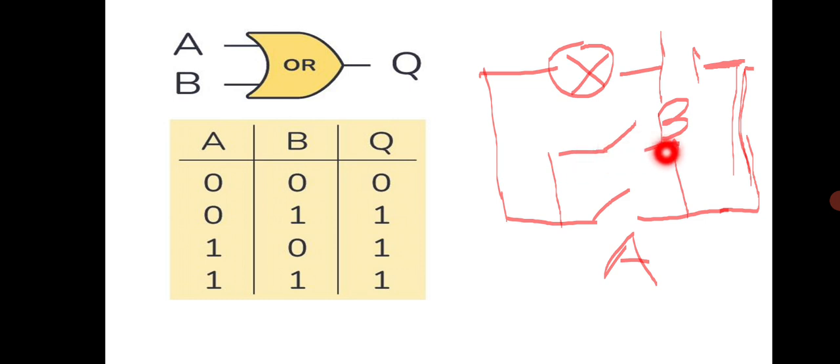Current prefers to flow through the shortest route, so the shortest route will be created, and that is the path the current is going to choose. So the two switches must not close at the same time. One must open, the other one must close. Then current will flow through to give us the light there.